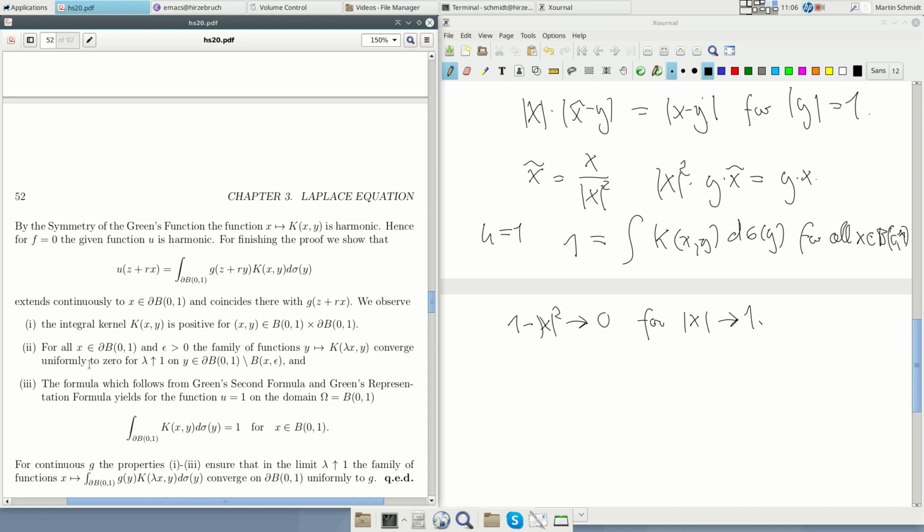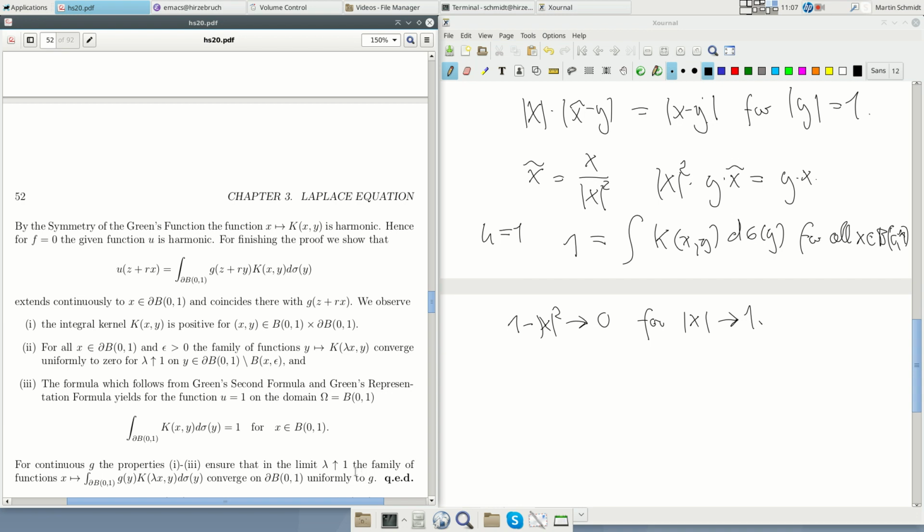So we see that this really converges to 0 in this limit. And this was the consequence which we already showed. So we have these three properties. And now we claim that these three properties guarantee that in the limit, when lambda goes to 1, this function converges on the ball uniformly to g.